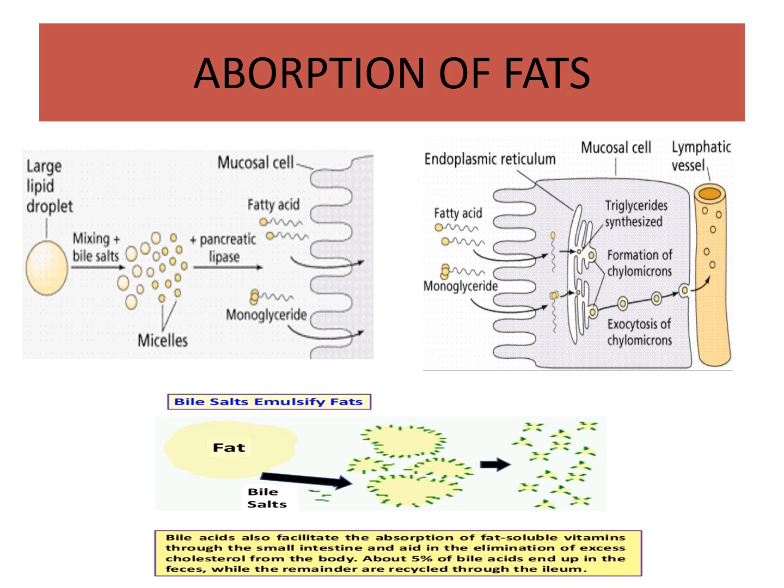Now see here how it is absorbed. This is the large fat droplet, right? The bile salts mixing is there, which leads to a process known as emulsification. Small droplets are formed, and then the pancreatic lipase acts on it and converts it into fatty acids, monoglycerides, glycerol, which enters into the enterocyte.